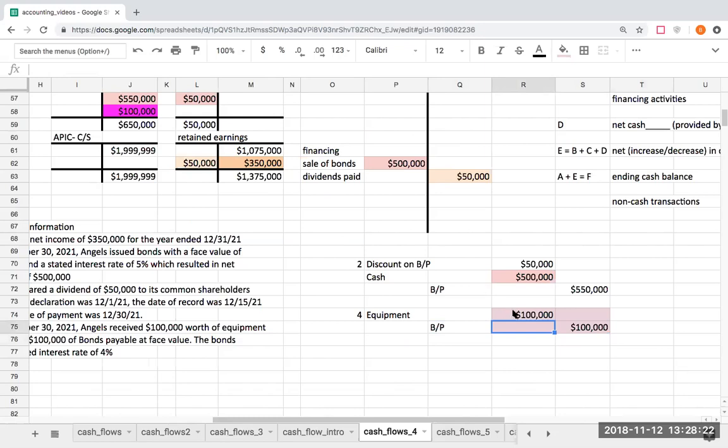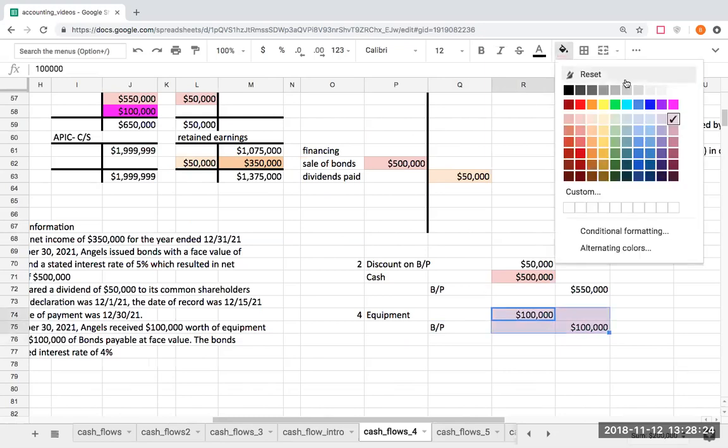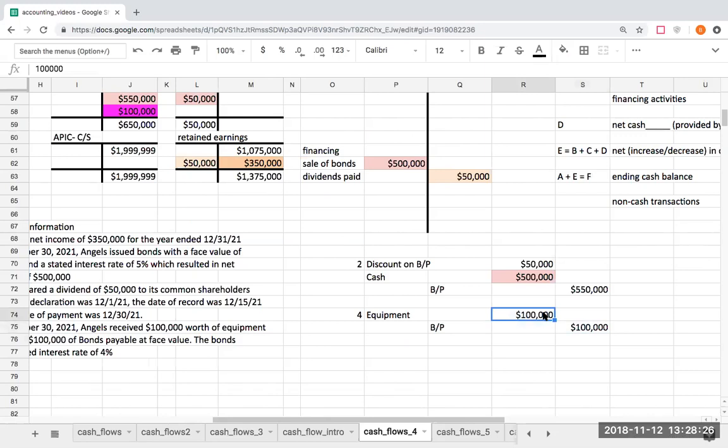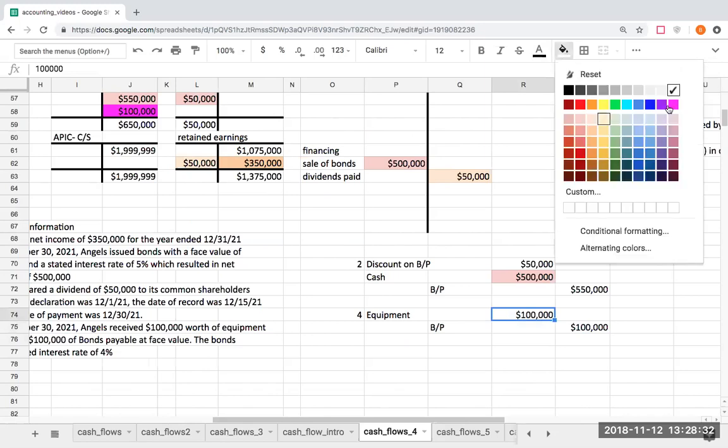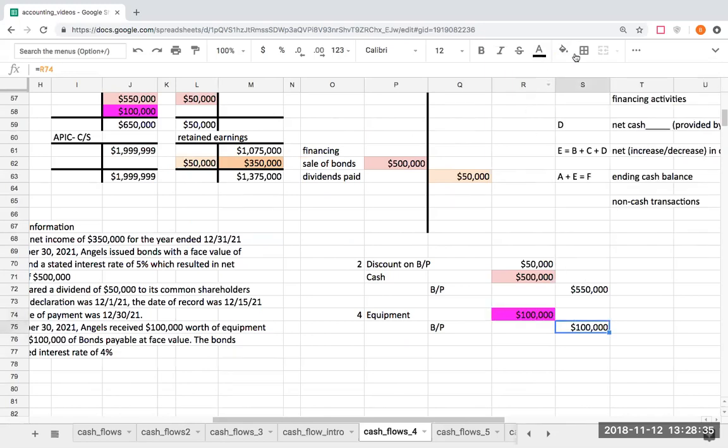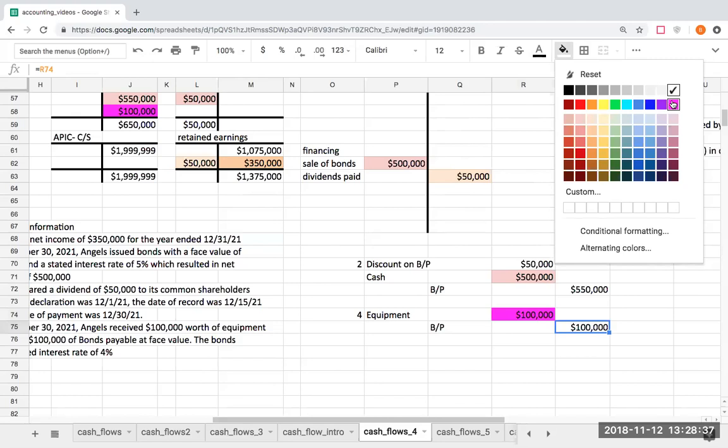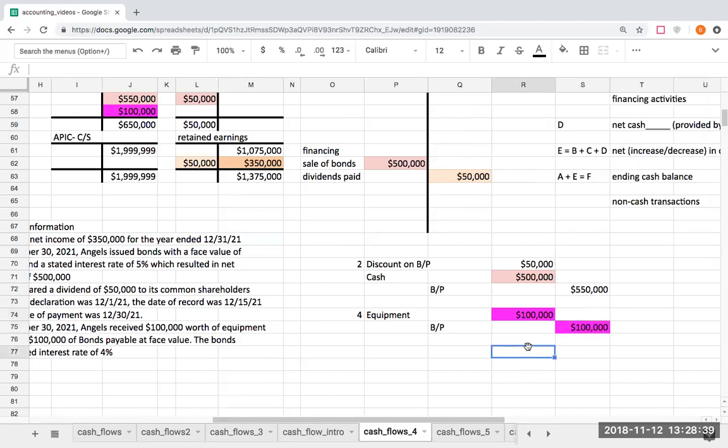So what our rule is going to be is that we're going to create the journal entry, and at the same time, let's put this in here so we're all following along colorfully, the other thing we're going to be doing is disclosing it as a non-cash transaction.